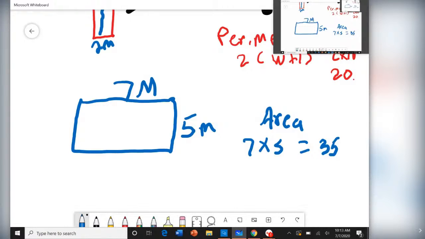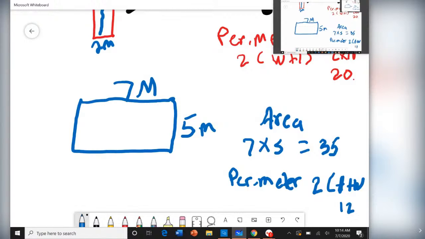And the perimeter is going to be 2 times length plus width. So it's 7 plus 5 is 12, and 2 times 12 is 24. So our area is going to be 35, and the perimeter is going to be 24.